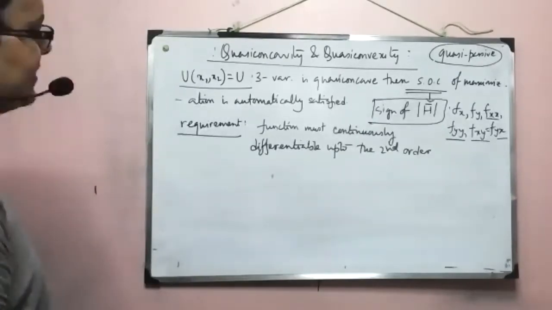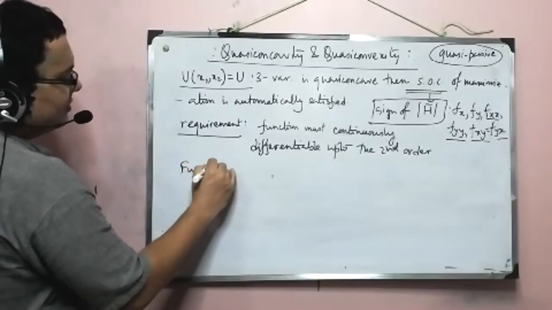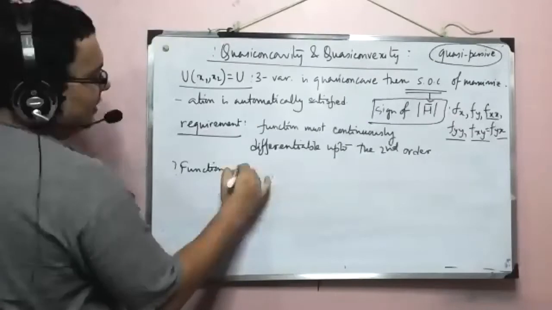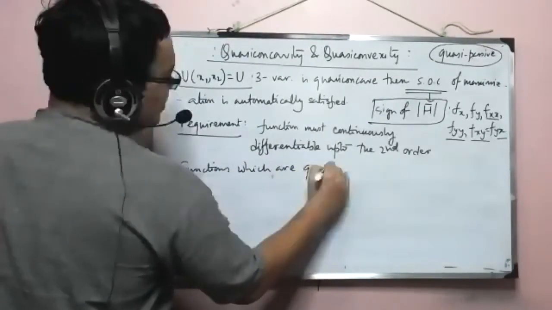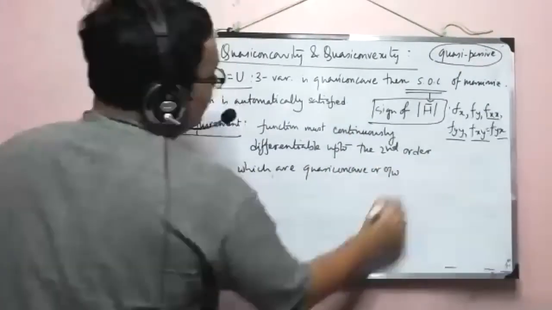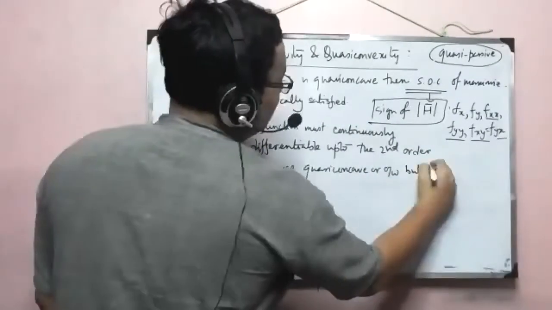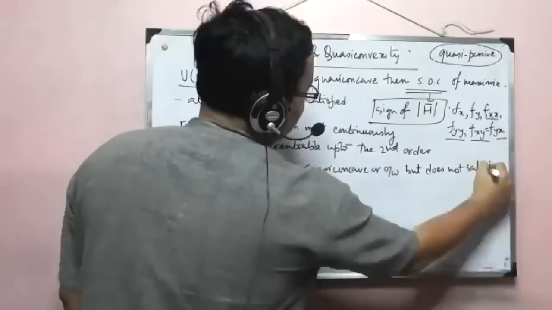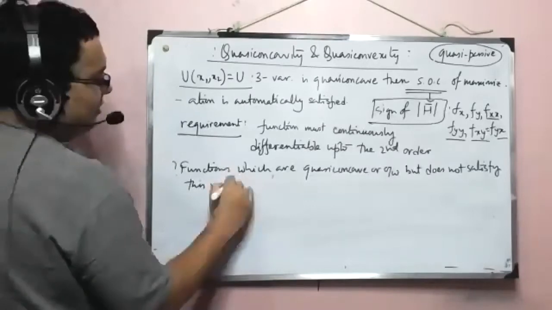Now, obviously there are functions which are quasi-concave or otherwise quasi-convex, but do not satisfy this requirement. So what about them?